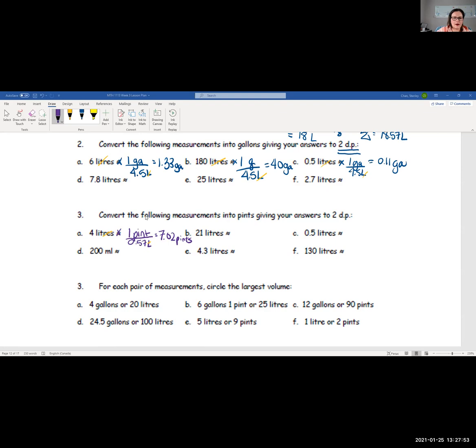Okay, so can you walk me through how I would do that? So 200 milliliters to liters. We know that there is 1,000 milliliters in 1 liter. So you're going to take 200 divided by 1 over the unit of measurement, which is 1,000. And you're going to end up with 0.2.